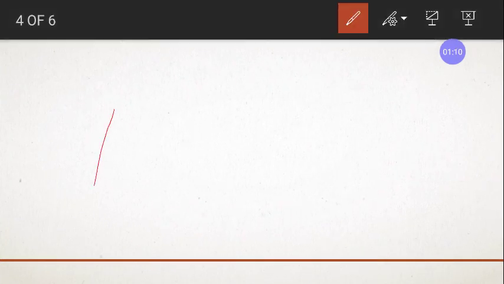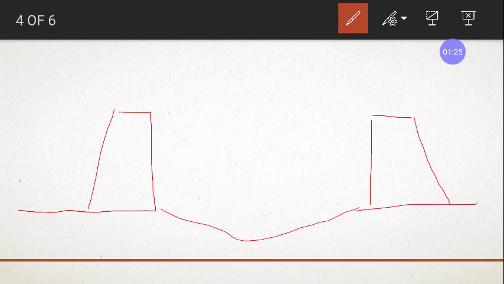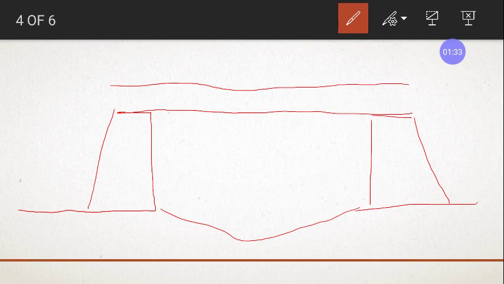If this is your abutment, and this is your other abutment, this is your river valley, and above this you have a superstructure.